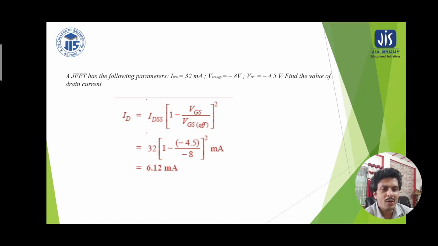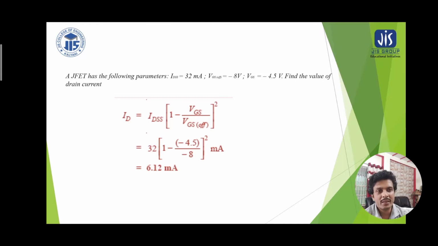Now from these values it is very much clear that the channel is of N type, because whenever the pinch off voltage is negative, it is clear that only a P type region can be applied with negative voltage for reverse biasing, and its highest value is minus 8 volt. Therefore it is obviously an N channel JFET.